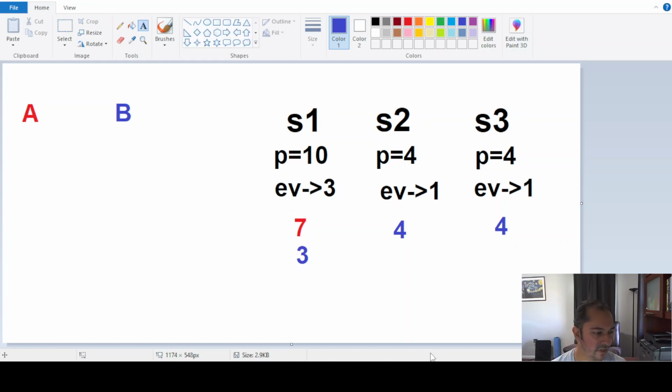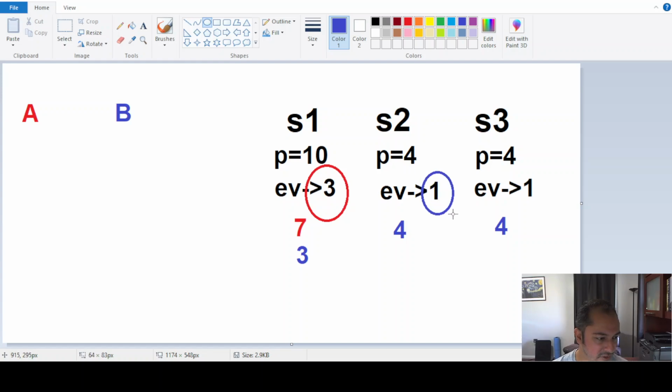Okay, so with these results in mind, let us see how it impacts the outcome of the presidential election counting. For state 1, we see 7:3, so candidate A gets the majority. So all these 3 electoral votes go to candidate A. Now in state 2, candidate B gets a majority, so let's put it in blue.